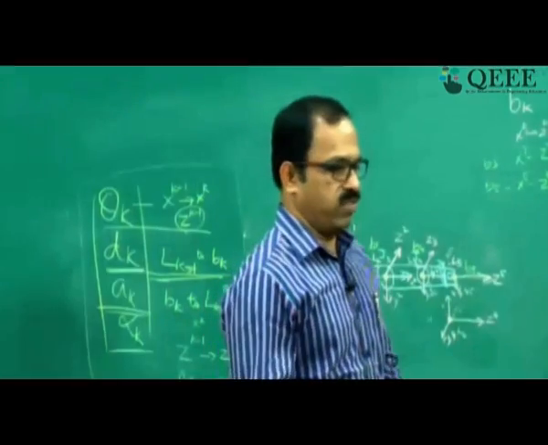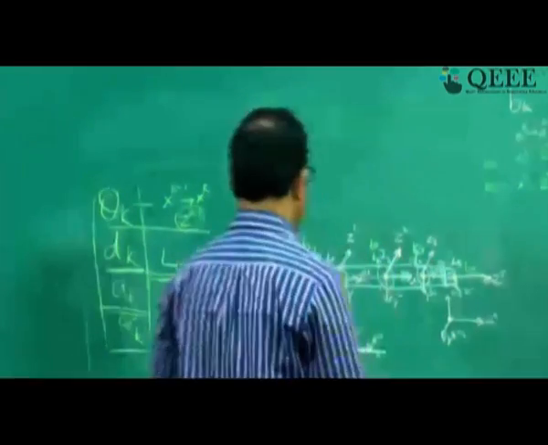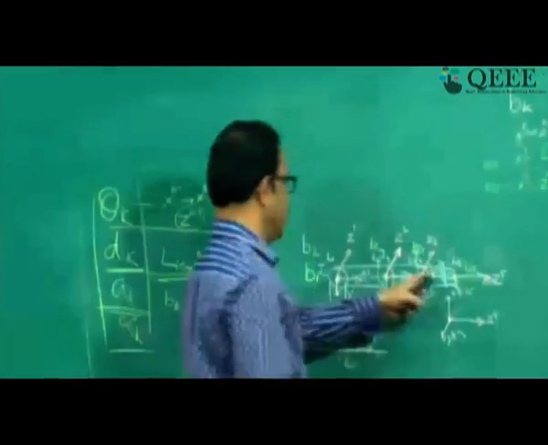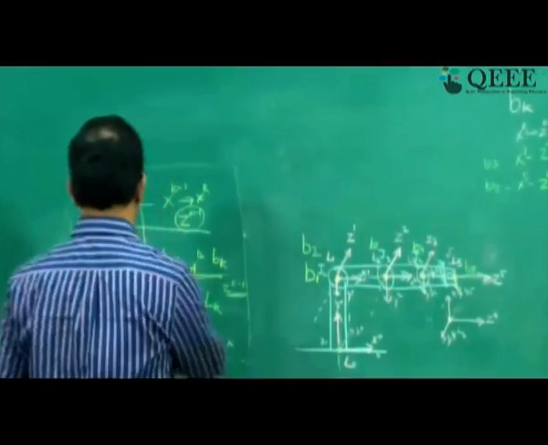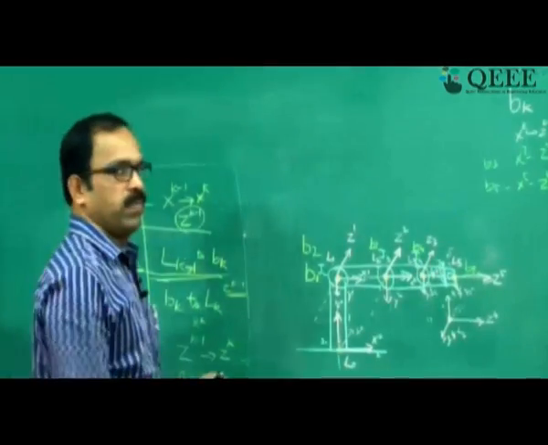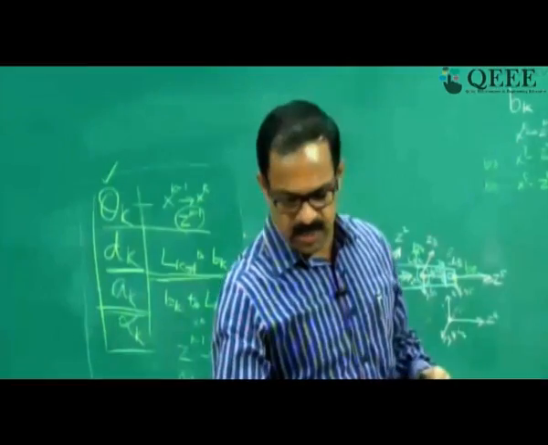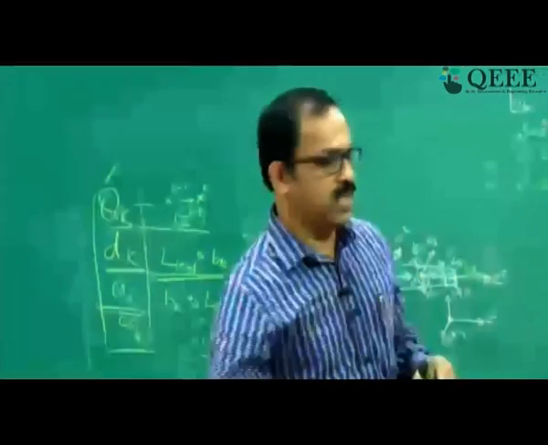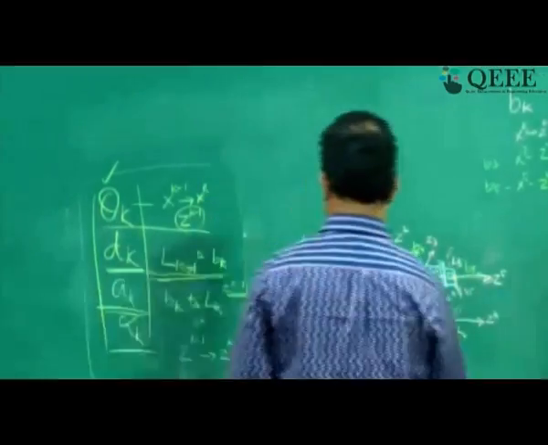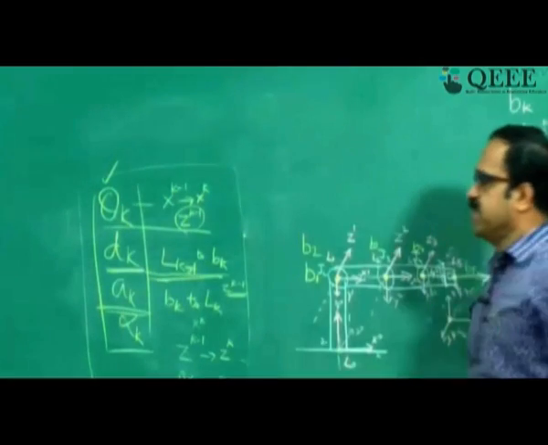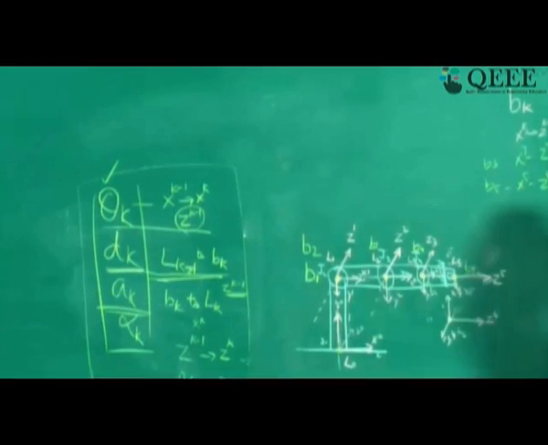That is the next step in the algorithm. So I identified all the Bks here. Once you have these Bks, the next task is to look at the DH parameters. How do you get the DH parameters from this assignment? Theta k is basically xk minus 1 to xk, so it's a variable.